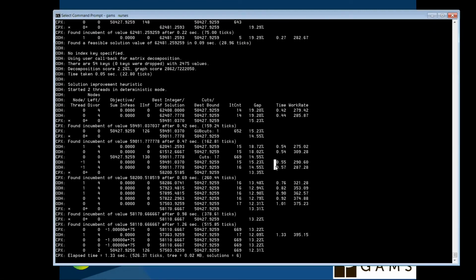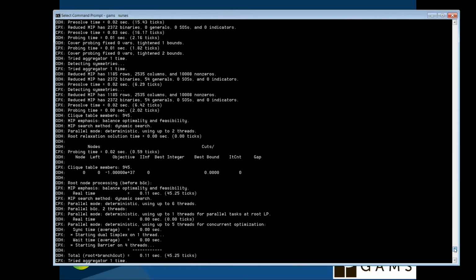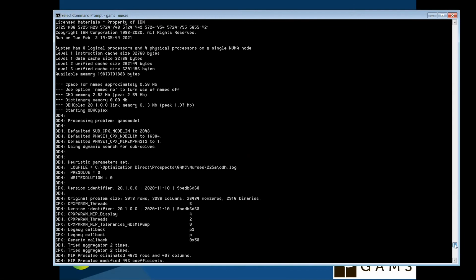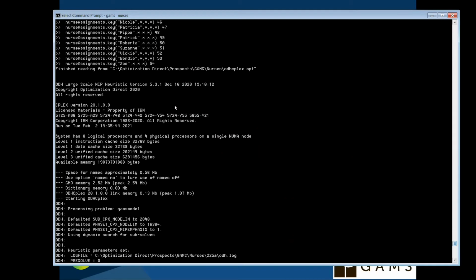Okay, I'm going to pause the run here in order to describe what the output from ODH CPLEX actually means. To begin with, we've got a header which says what the program is, and it also identifies which version of CPLEX is being used and basic characteristics of the hardware.